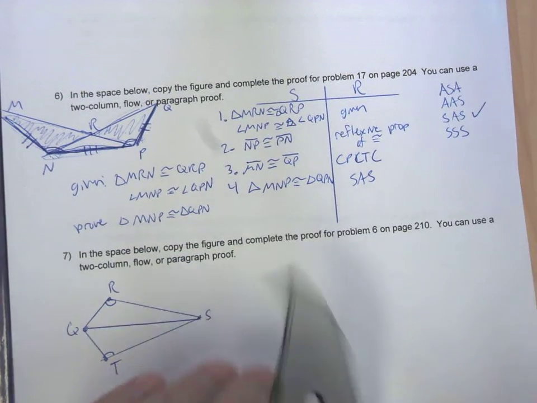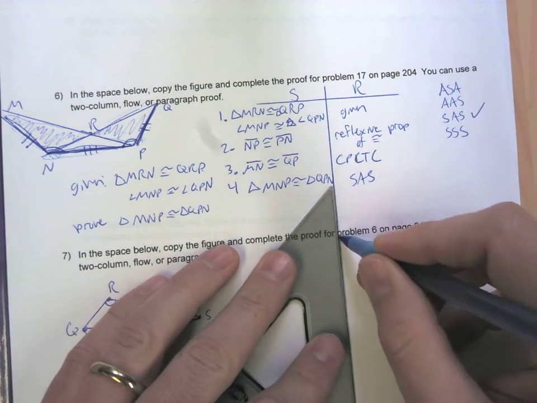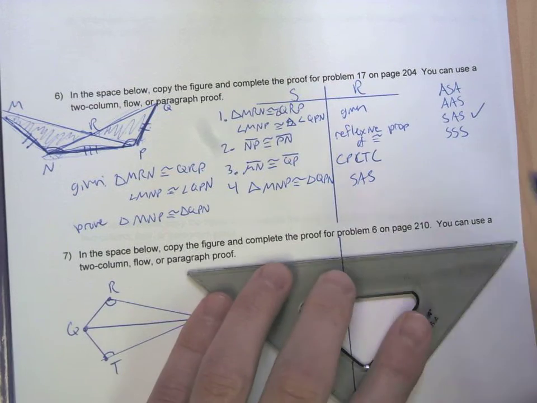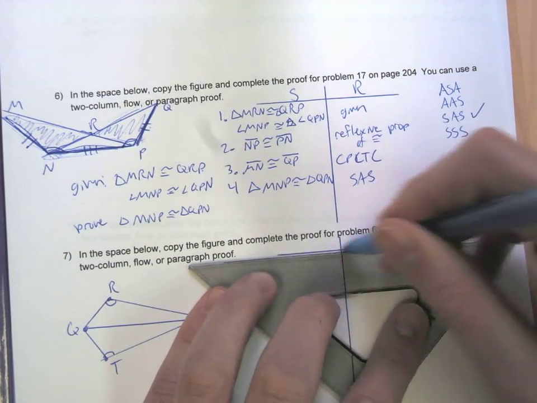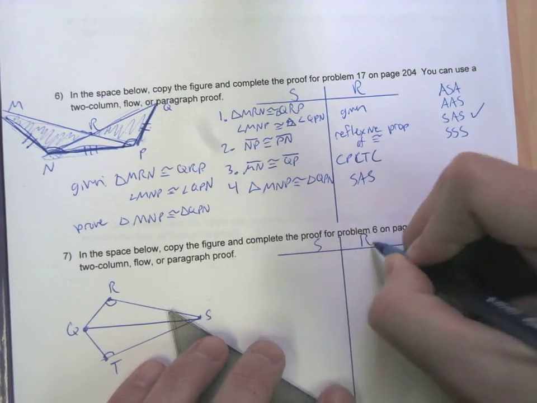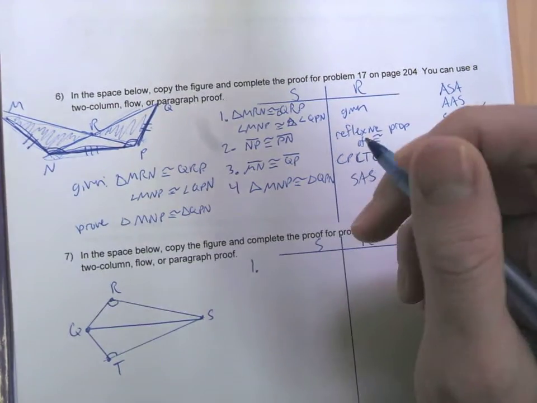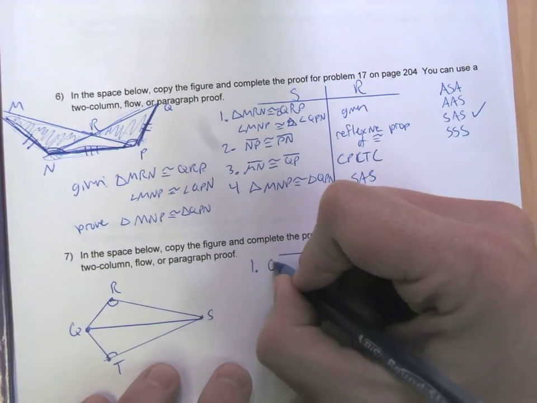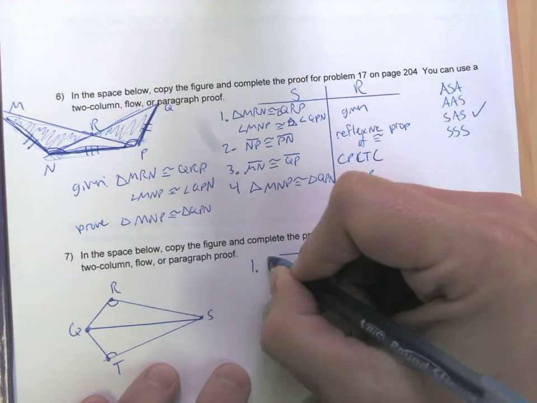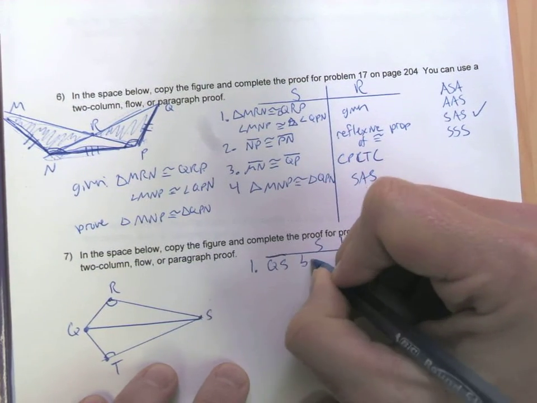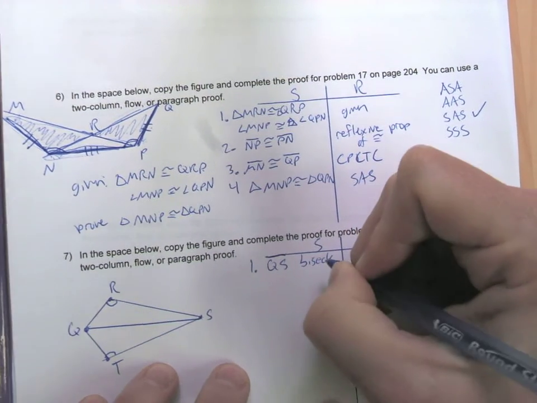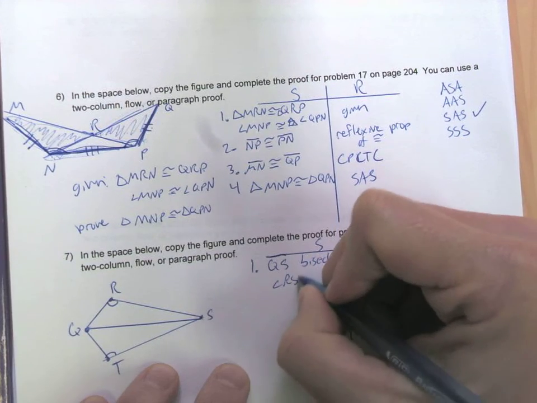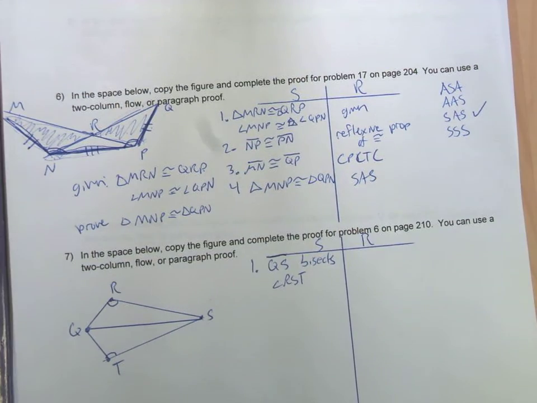So let's go ahead and start here. Since we're going to write the given anyway, we might as well write it in the proof. So what we have here is that QS, that segment, bisects angle RST. That word bisects is a key word. It means cut in half.